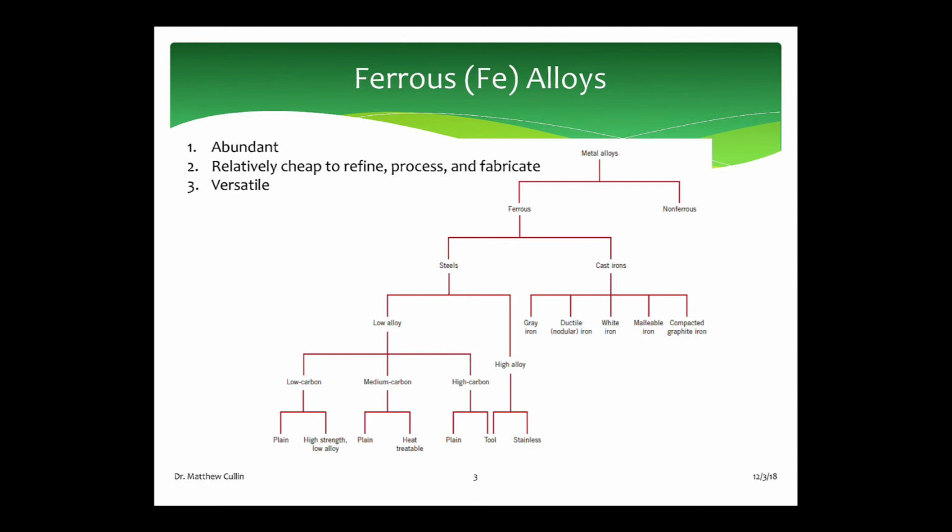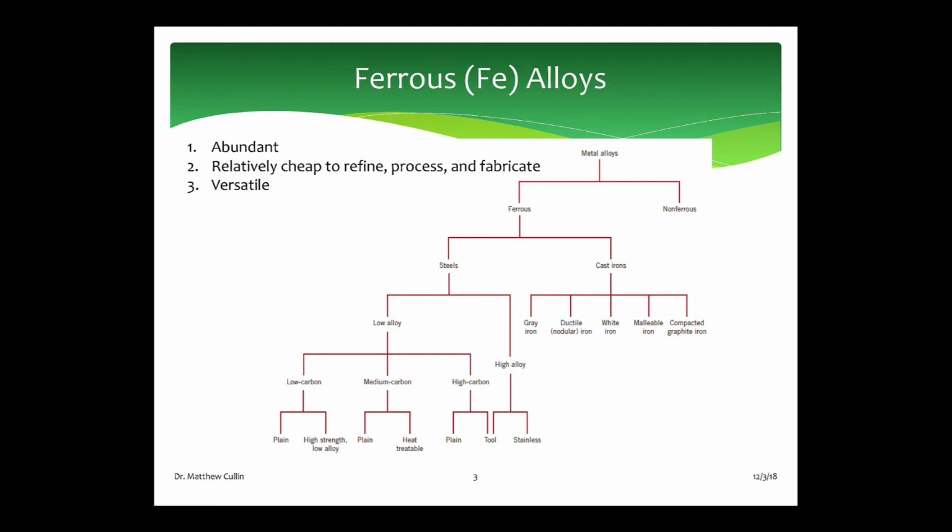So ferrous alloys, when we look at ferrous, we're saying things that have an iron base to them. And when we're classifying an alloy, we typically classify it based on whatever element is the most plentiful. So iron-based or ferrous alloys are going to be those where the majority of the material by mass is iron.